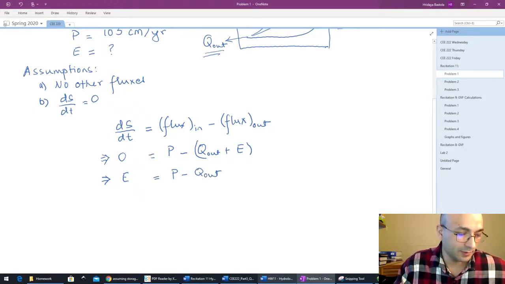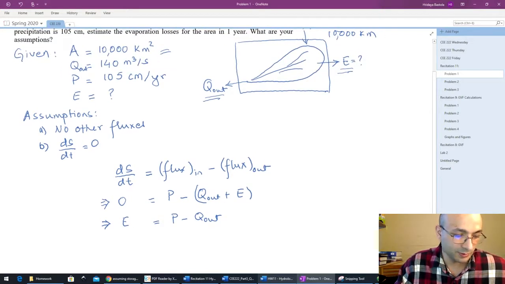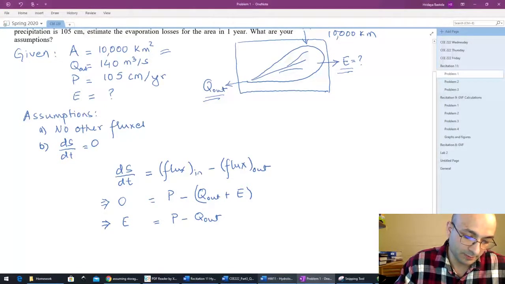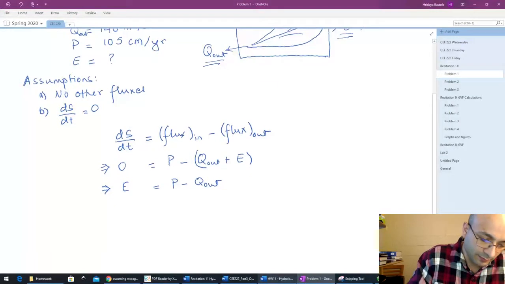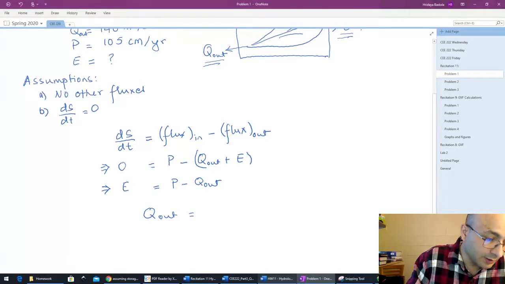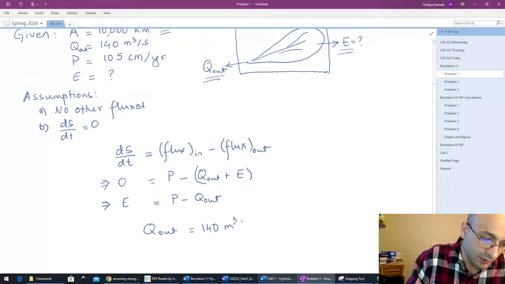If you take a look at the units, P is in terms of centimeter per year, while Q out is in volumetric units, so volumetric unit per time. We need to keep our units consistent, so let's convert our Q out. Q out is 140 meter cube per second.